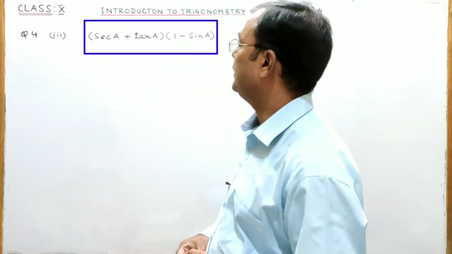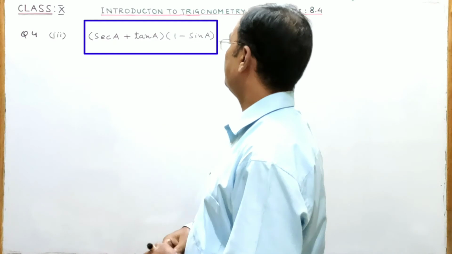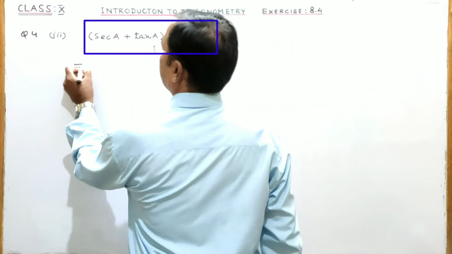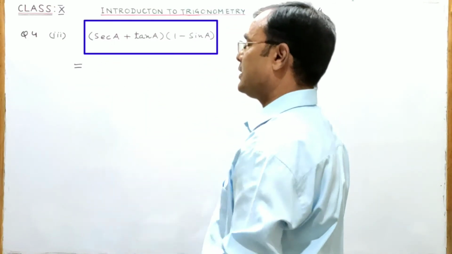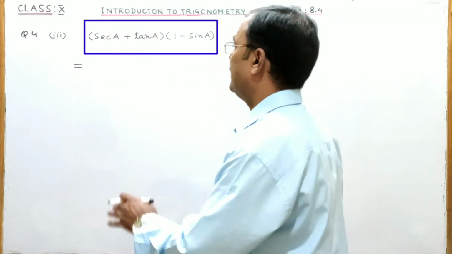So let us evaluate this given expression sec A plus tan A into 1 minus sin A. First let us change sec A and tan A in terms of sin A and cos A, like this.